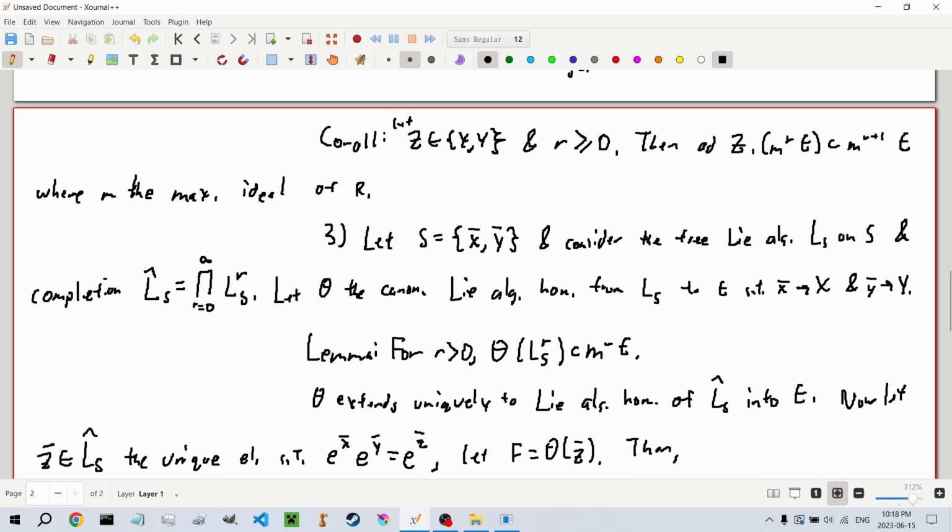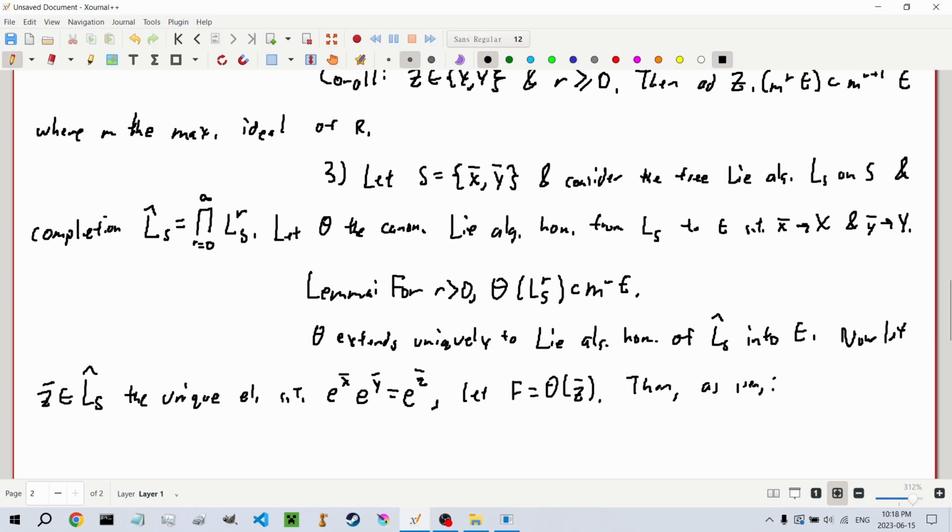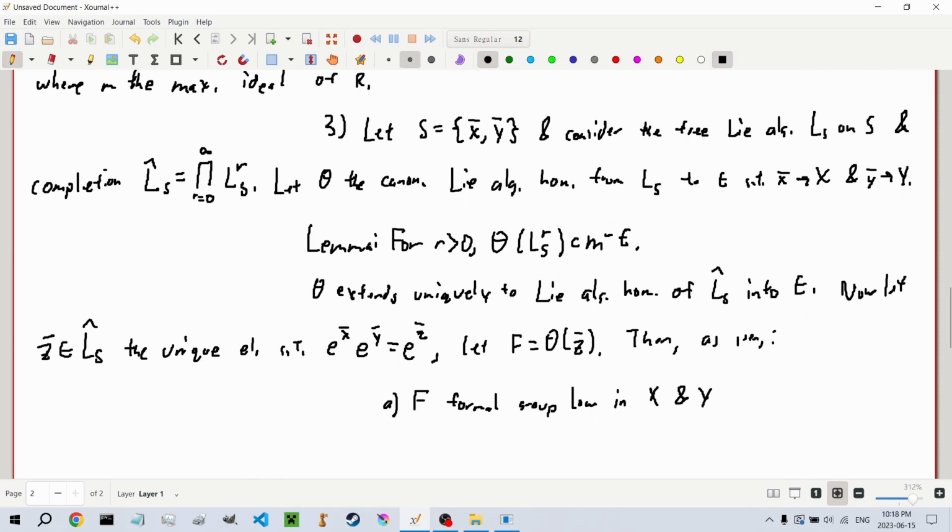Then, as seen, first off, f is a formal group law in x and y. B of x and y is 1/2 of the bracket of x and y.